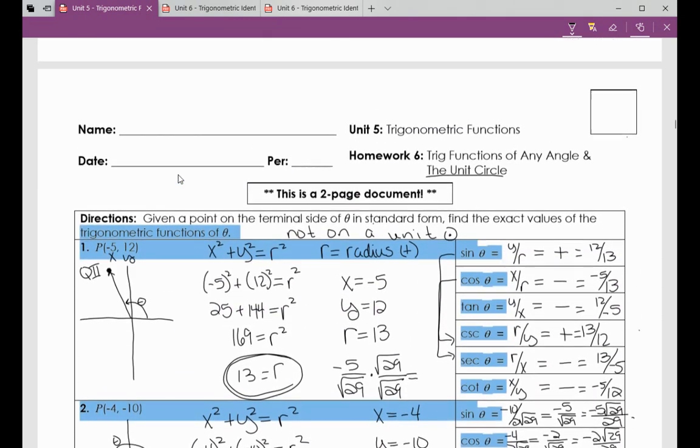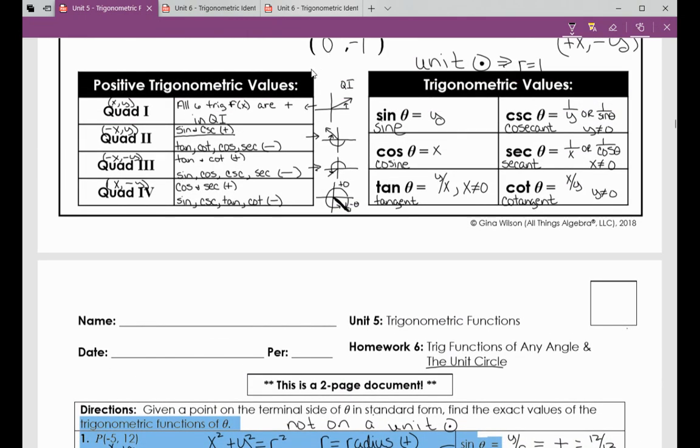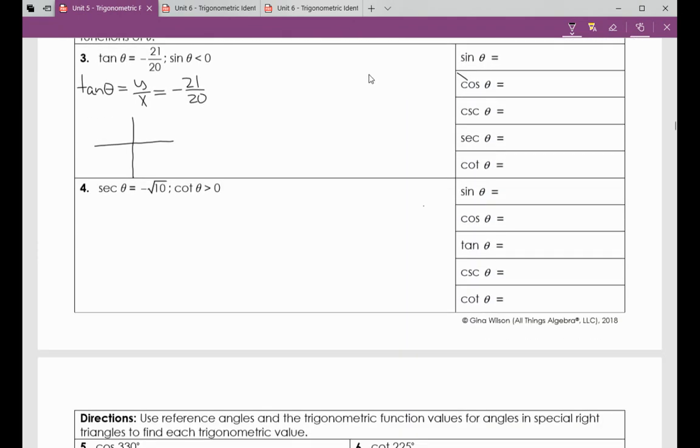So the first thing I'm going to do is I'm going to come up here. Tangent is always positive in the first quadrant, and tangent is always positive in the third quadrant, which means it's negative in second and fourth. Do y'all agree? Okay. So tangent is negative here and here. That's tangent.